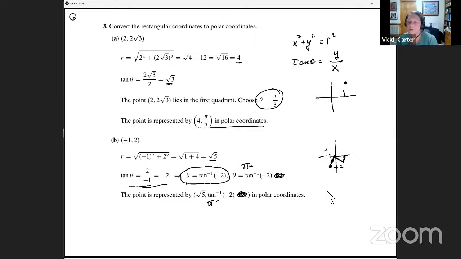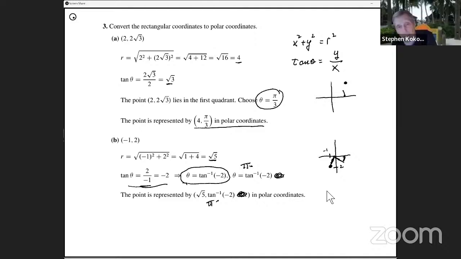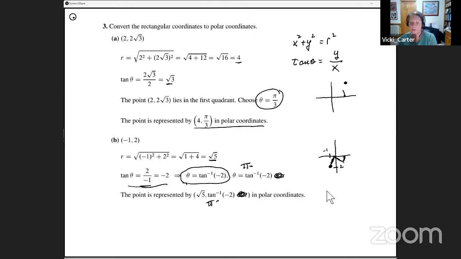Fantastic. So Steve, another way that students might want to think about this is start the way you did, by thinking about that point -1, 2 being in the third quadrant, but maybe realizing that inverse tangent of +2 would put us in the first quadrant, and then we could add pi, and that would work. I like that. That's even a better way to think about it.